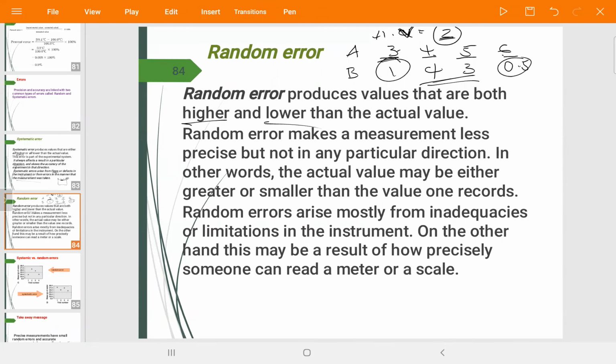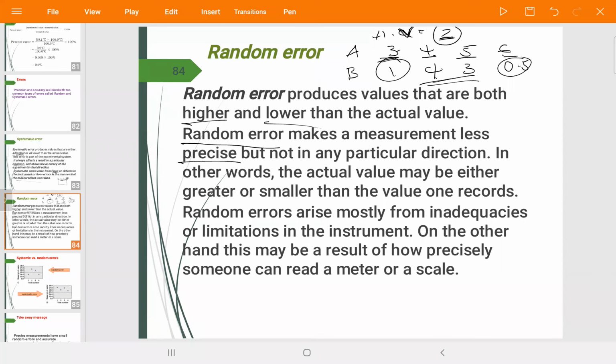Now, look at these two. Which of these is less precise? As you can see, these values are spread apart. Therefore, when you have random error, it makes your measurement less precise, but not in any particular direction, because the values are not skewed, because they lie on both sides of the accepted value.